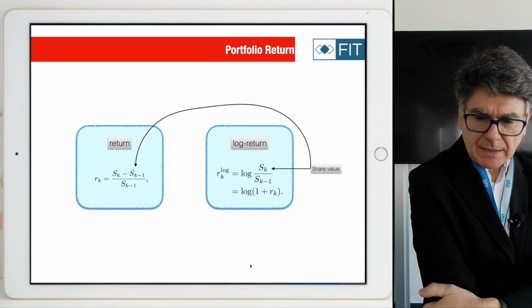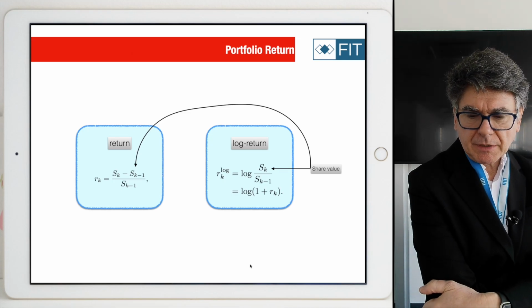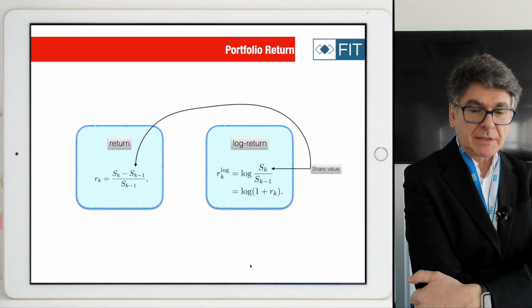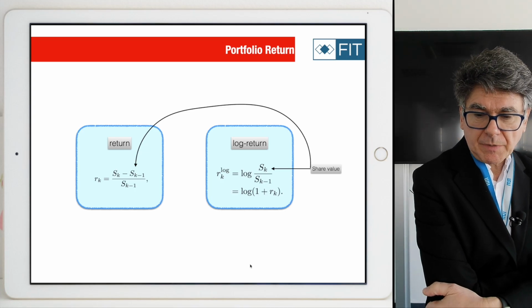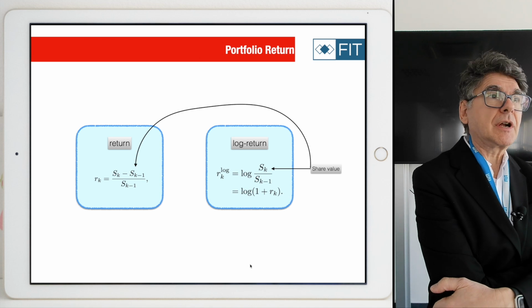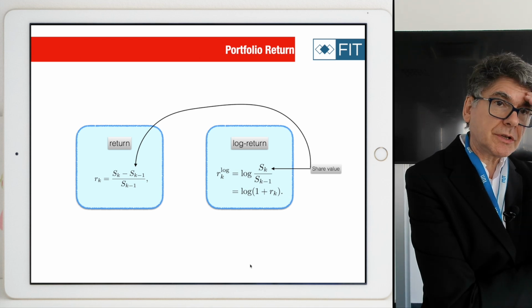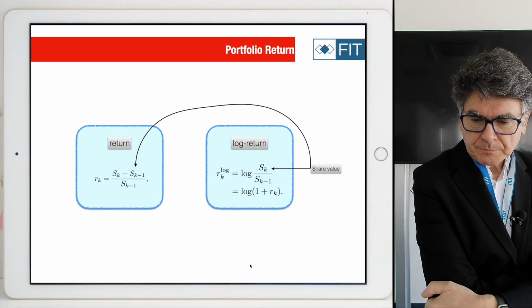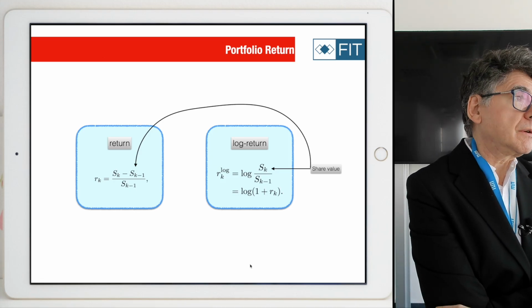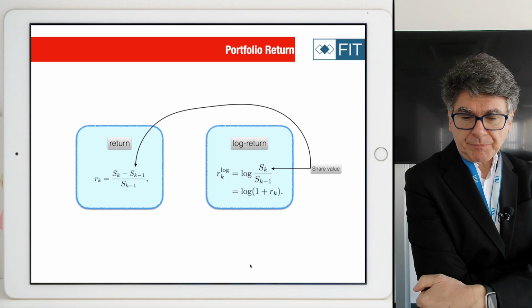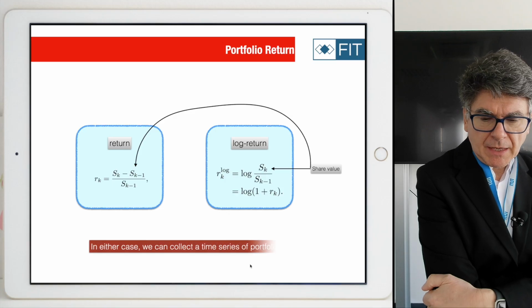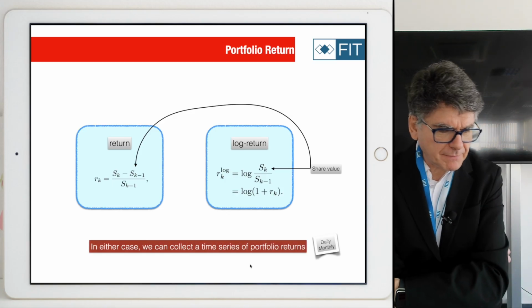In fact, by Taylor's theorem, if you expand the logarithm, you will get that the log return and the return are very close to each other when the return is a small number. But they would be different when the return is not a small number, and it gives us two ways of looking at it. They have their own benefits, each of them.